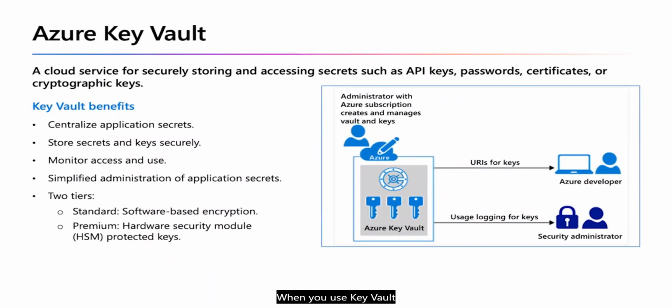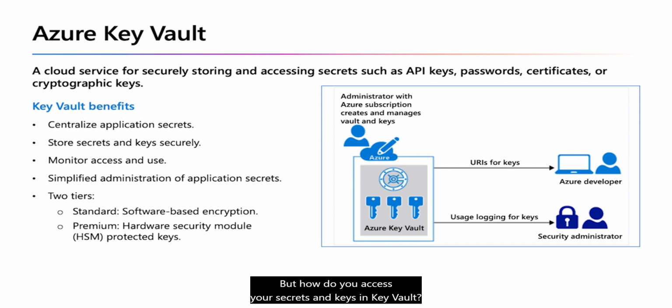When you use Key Vault to store and manage these secrets and keys, instead of putting them in your application code or configuration files, this way you can avoid exposing them to unauthorized parties or compromising your security.